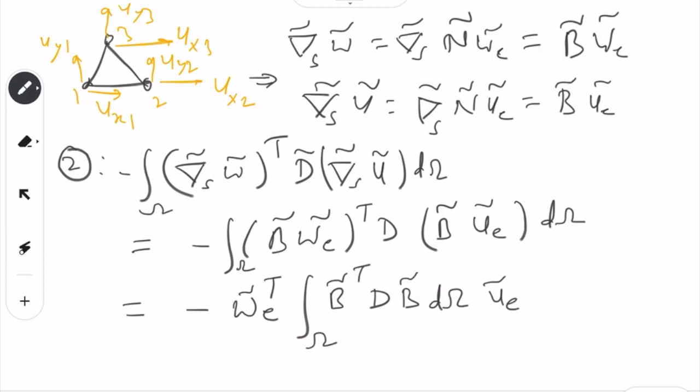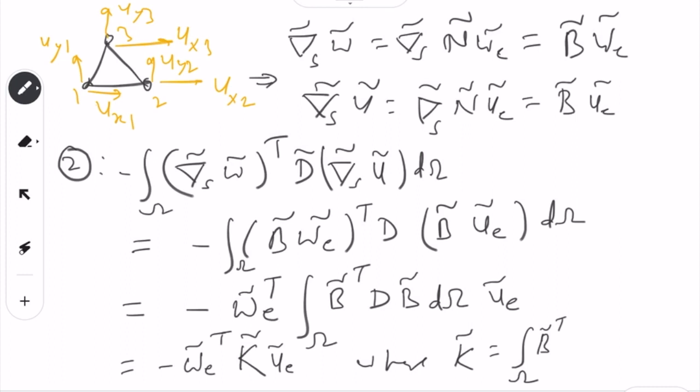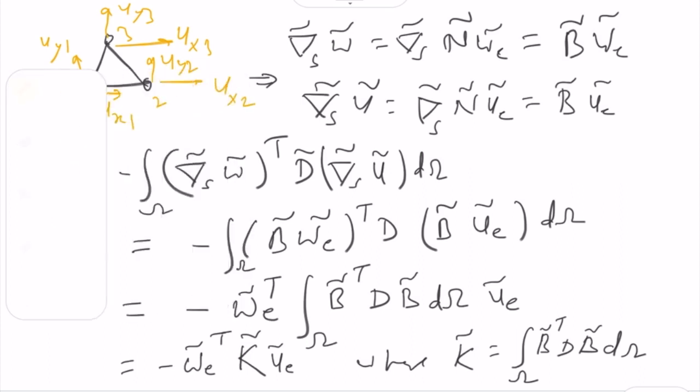So this we can write equal to minus W E tilde transpose times K tilde, this is the K matrix, and U E tilde, okay, where K tilde is the integral of B tilde T D B tilde d omega. This is a stiffness matrix.